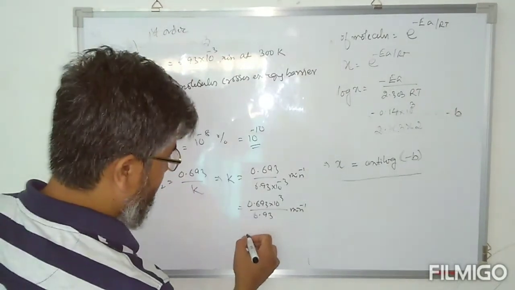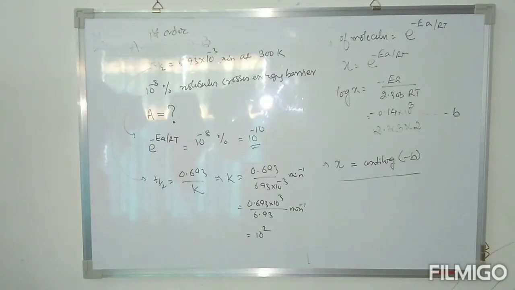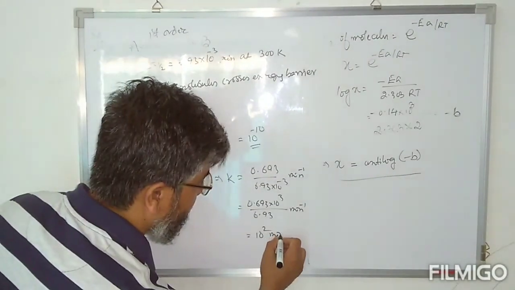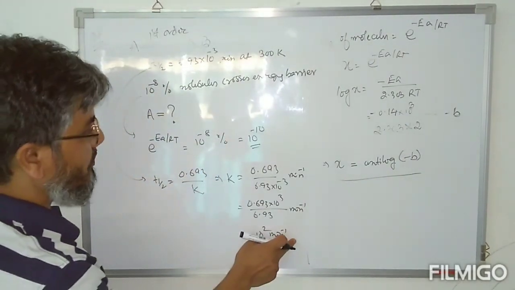So this is 10 to the power 2. So the rate constant is 10 to the power 2 minute inverse.